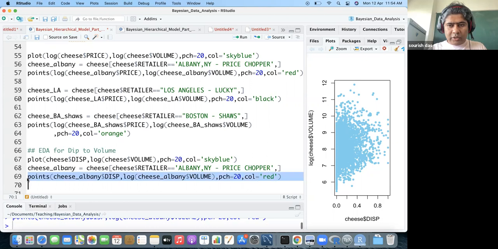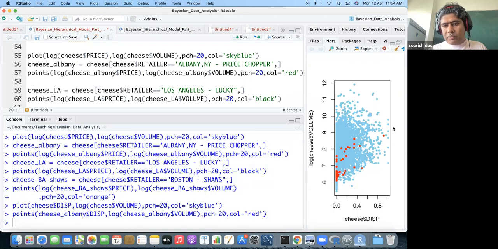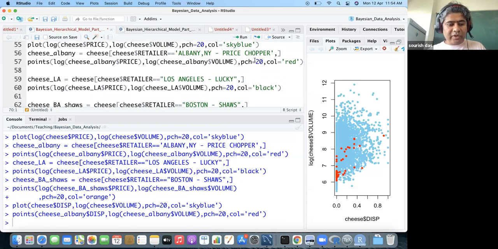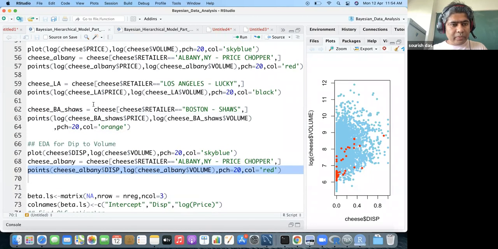For Albany, this is how the display activity has happened. You can see that as the display activity increases, they have a tendency to have a higher volume of sales. So display activity does have an effect on sales. Same, let me just do it with Los Angeles.